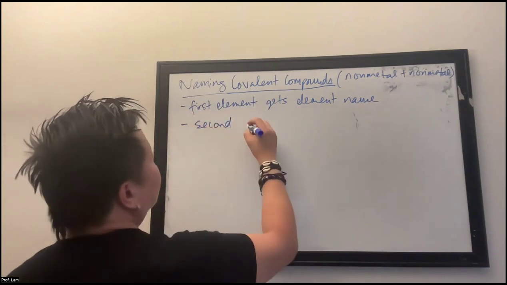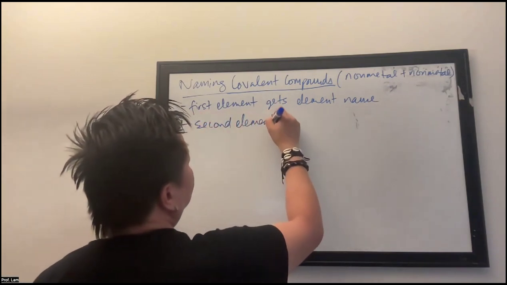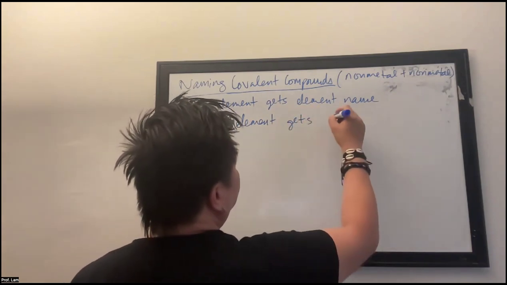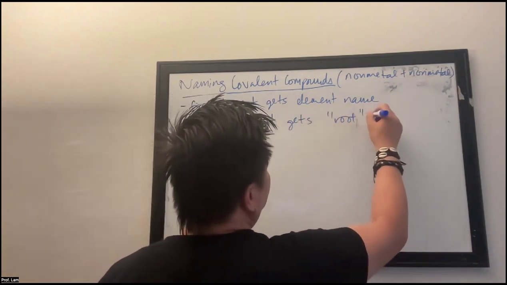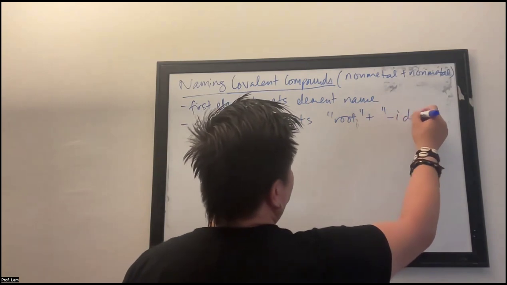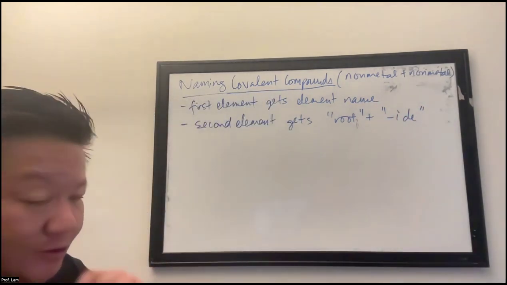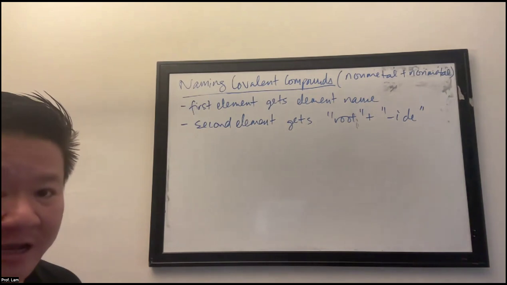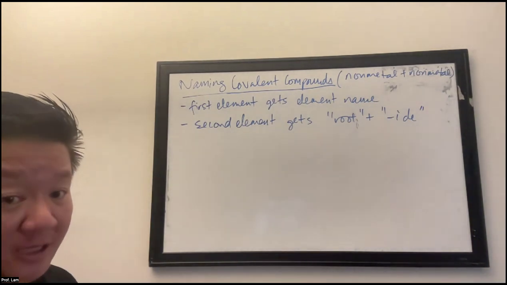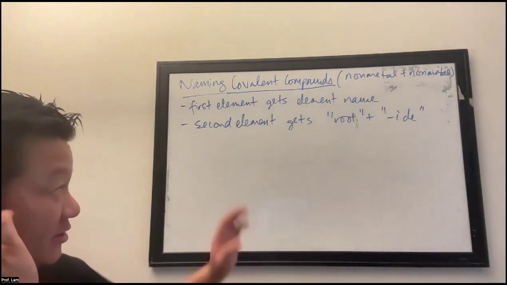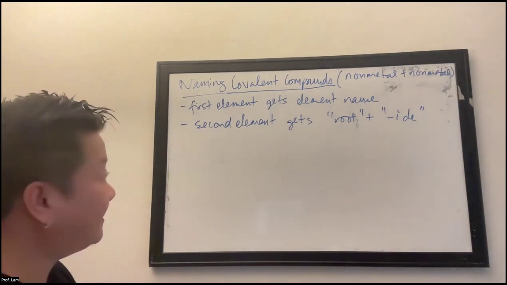The second element gets root plus IDE. Very similar to ionic for the non-metal, for the monatomic. Exactly like that. Just use root and IDE.